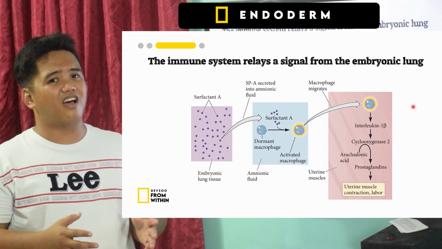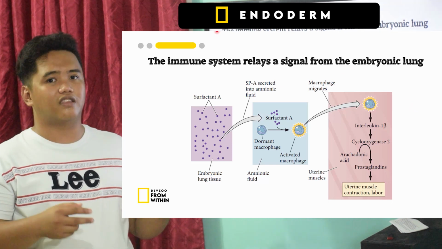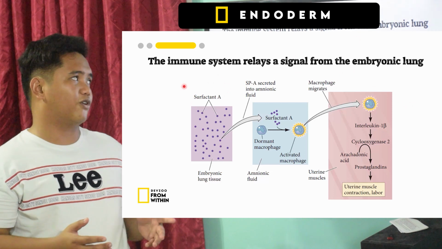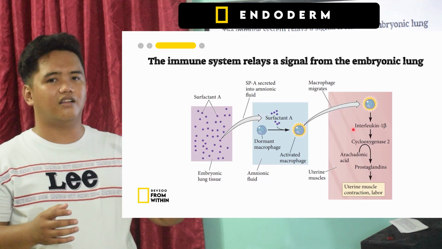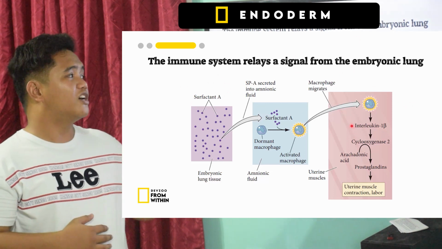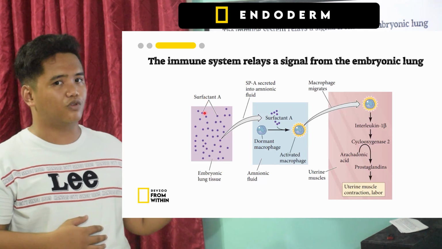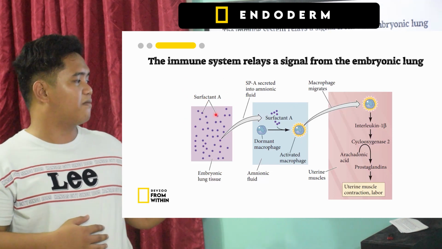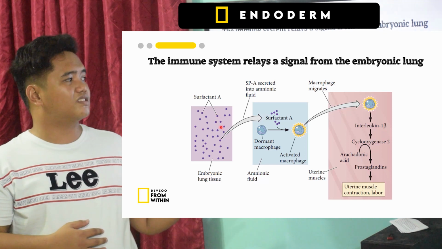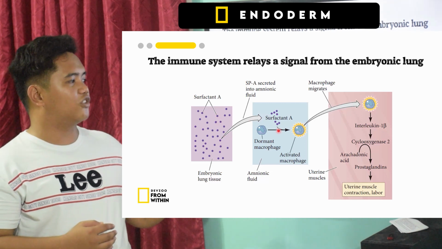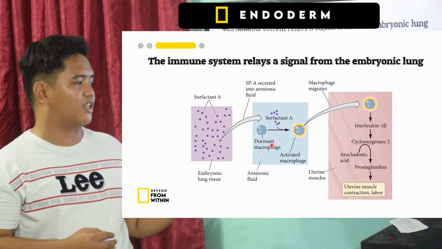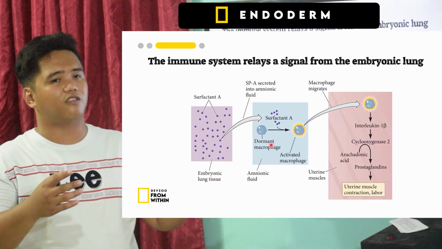It seems that the lungs are signals for the initiation of labor during pregnancy. They have found out that surfactant A produced by alveolar cells in the embryonic lung tissue signals the dormant macrophages found in the amniotic fluid to be activated.